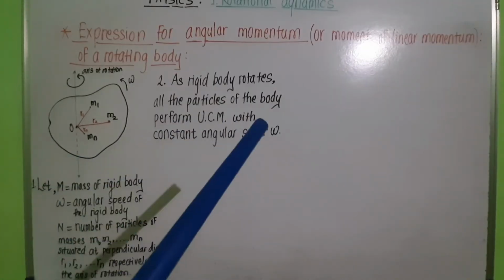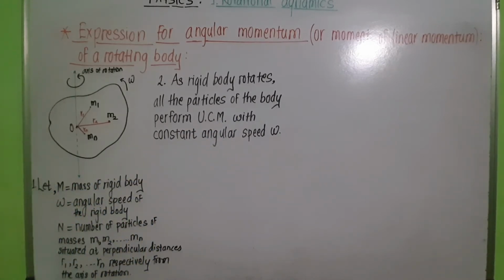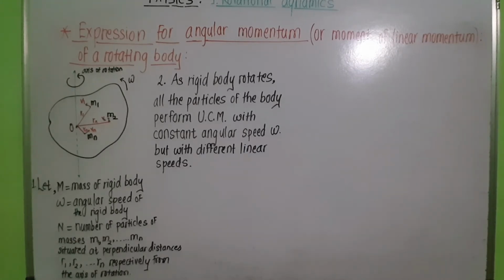When the rigid body rotates, all the particles of the body perform uniform circular motion with constant angular speed omega, but with different linear speeds. Now to get angular momentum, first we are going to find linear momentum, and to get linear momentum we must write the linear speeds of these particles.